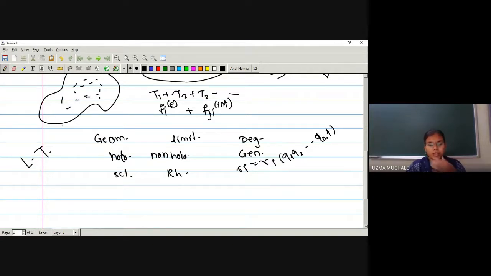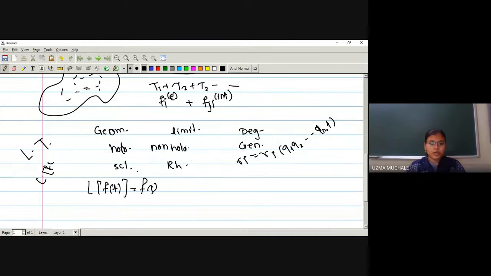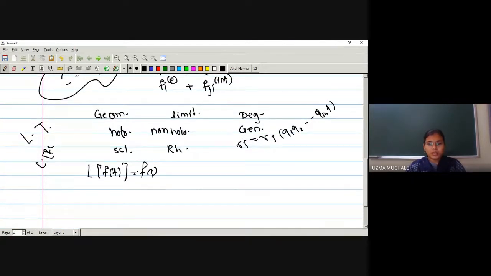Actually, there was one use, that is the time we can convert into the form of frequency: L of f of t will be equal to some F of s. So the time variable we are converting to frequency. These are used in our electronics, right?